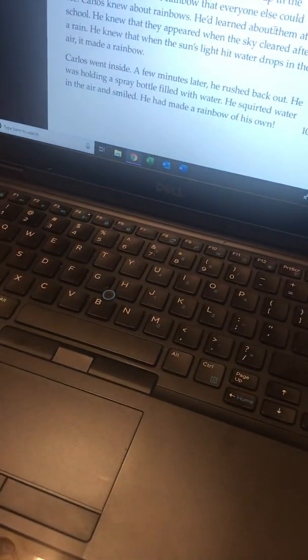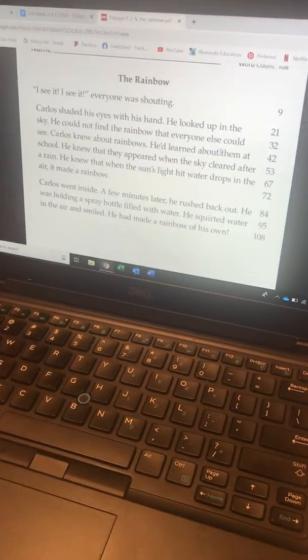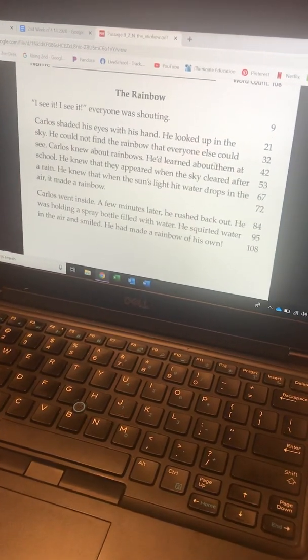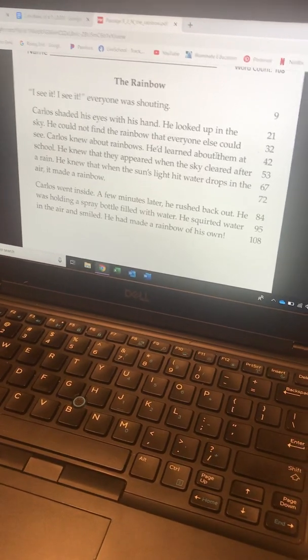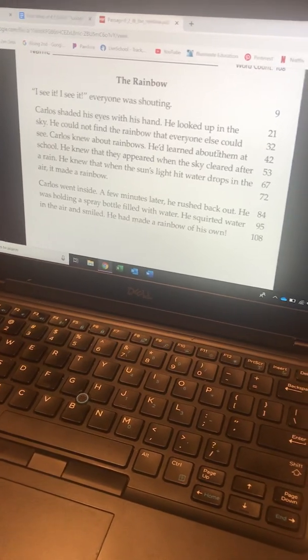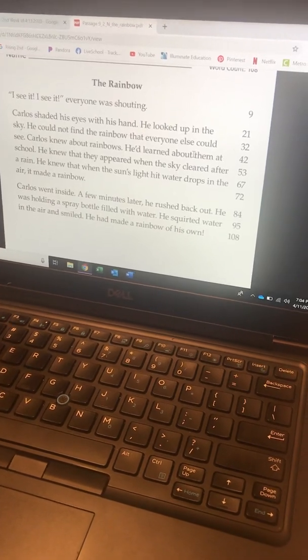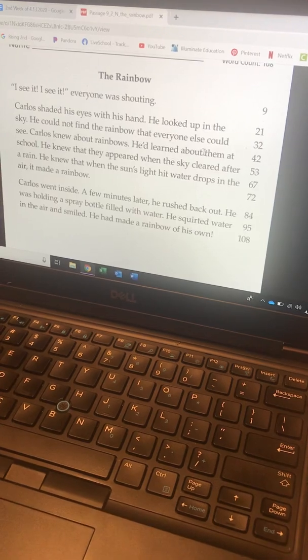I see it. Everyone was shouting. Carlos shouted his eyes with his hand. He looked up in the sky. He could not find the rainbow that everyone else could see. Carlos knew about rainbows.